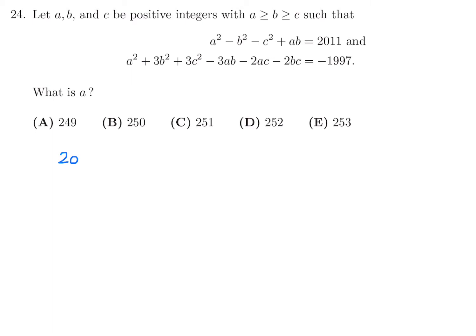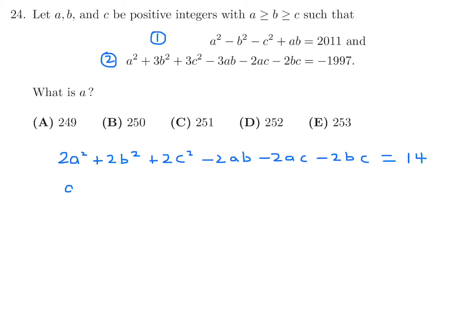If we do, equation 1 and equation 2 added together would become 2A squared plus 2B squared plus 2C squared minus 2AB minus 2AC minus 2BC, and then 2011 minus 1997 is 14. Now this can be grouped: A squared minus 2AB plus B squared.